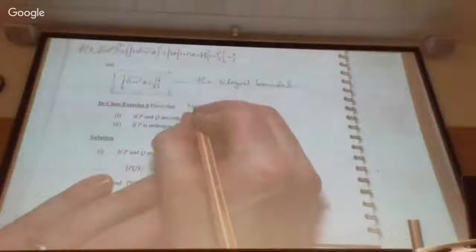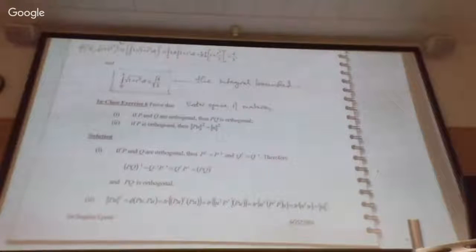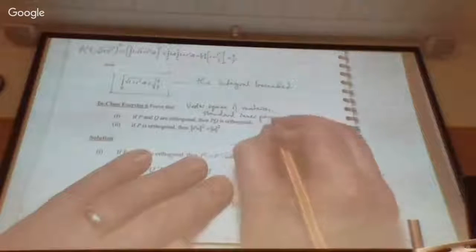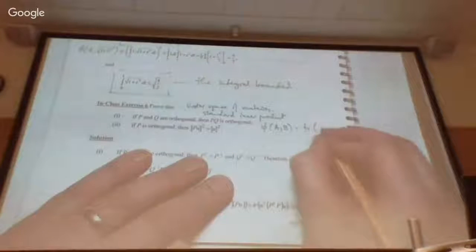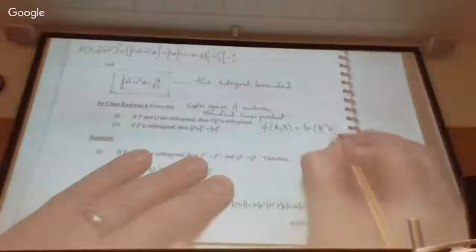So to remember the inner product here: for the vector space of matrices of a certain fixed size, the standard inner product is phi of two matrices A, B. This is the trace of B transpose times A.